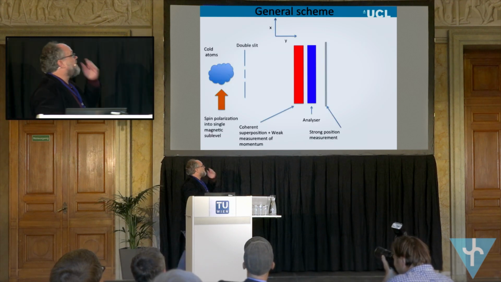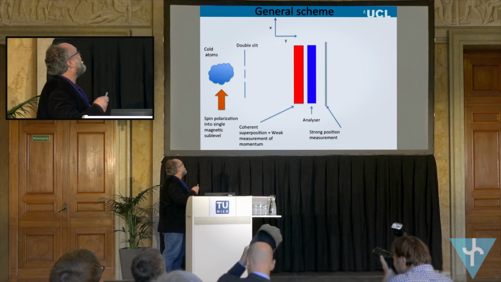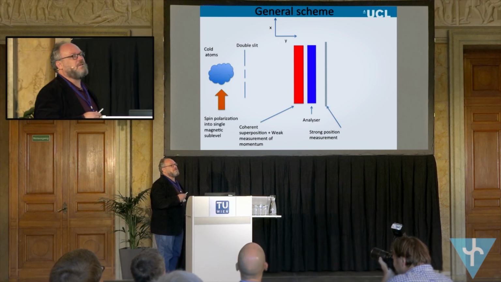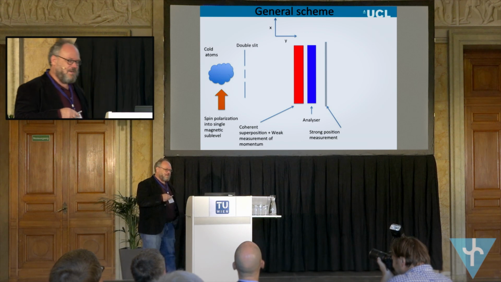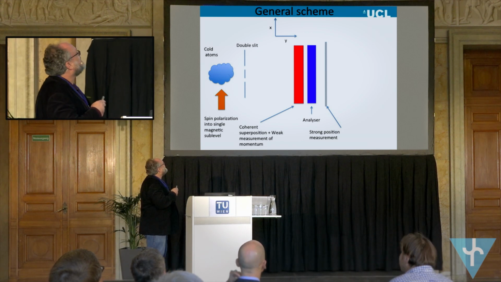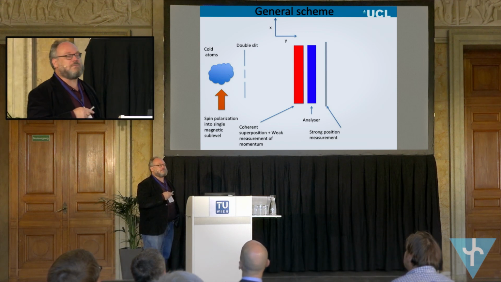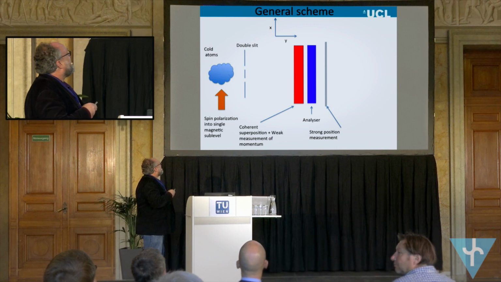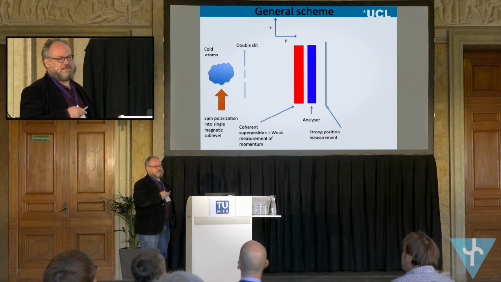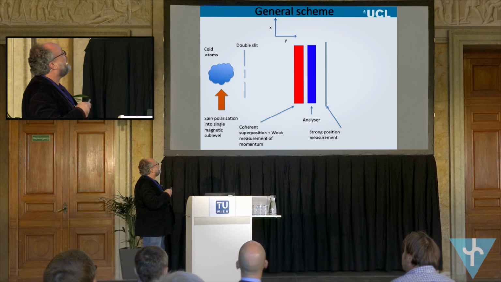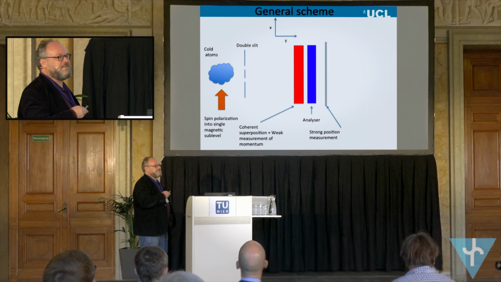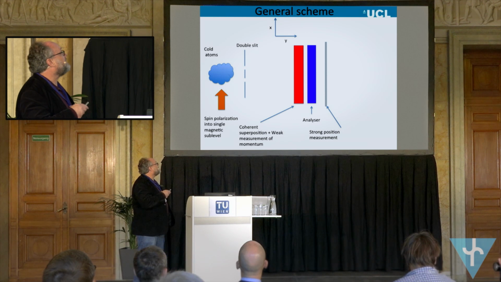This is the type of scheme here. We would have a source of relatively coherent atoms, which in our case is laser-cooled argon atoms. We can then spin polarize them, using circularly polarized light and a magnetic field, polarizing with respect to a quantization axis.